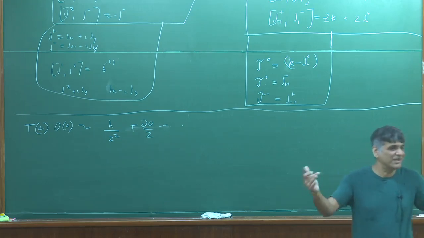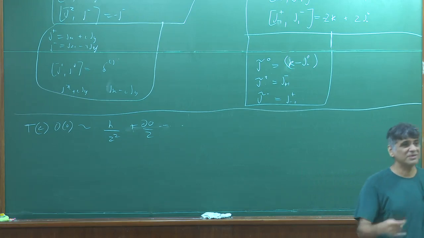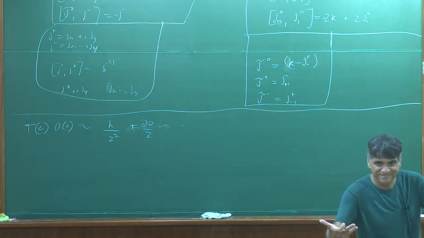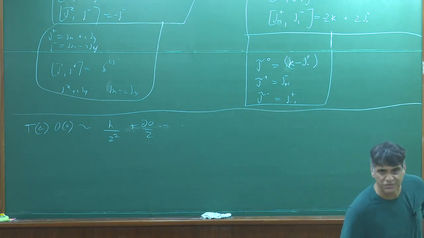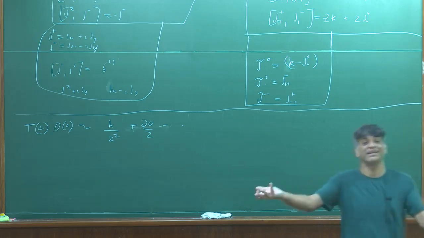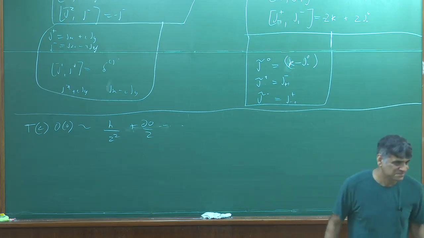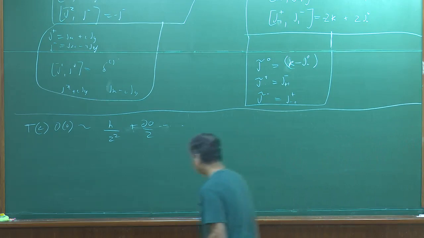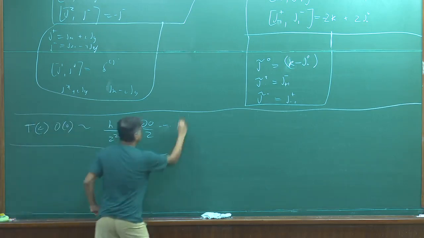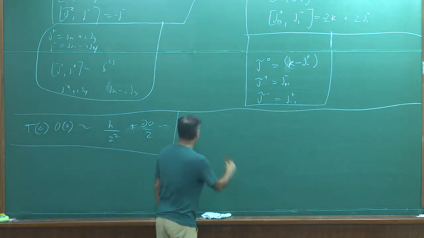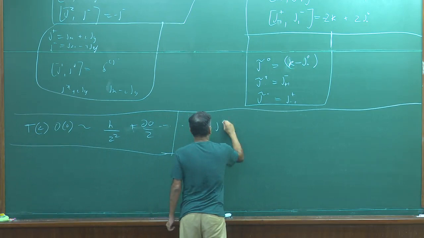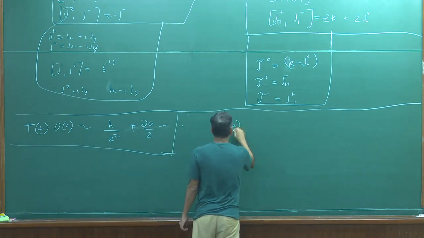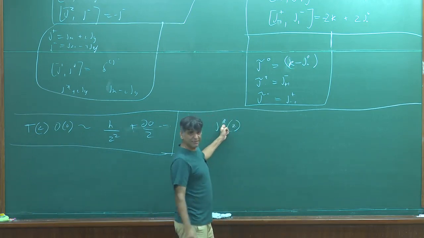The least singular OPEs with T are those that come from dimensional analysis. There was 1 over z squared because T had dimension 2. You can always get more by taking derivatives. In a similar way, in the study of current algebras, we define primary operators as those that go like this: J^a(z), and now this has some group index.